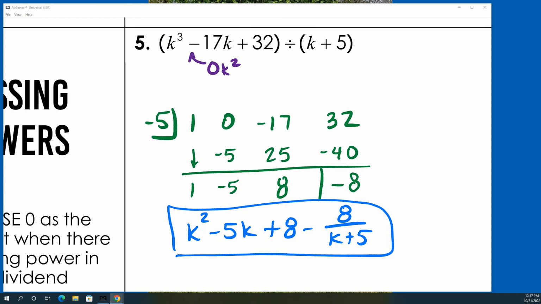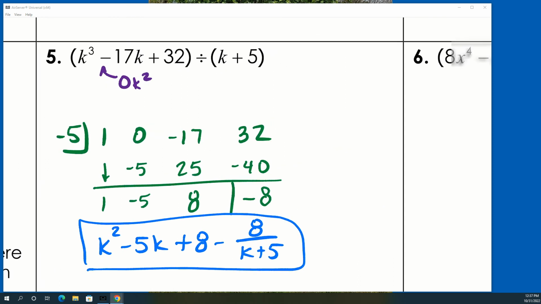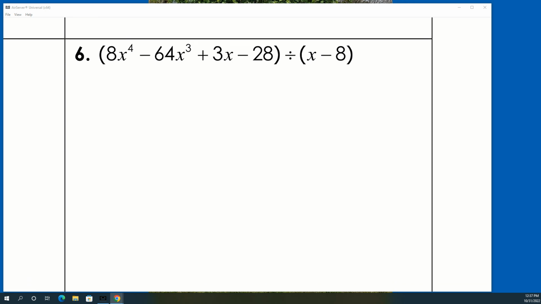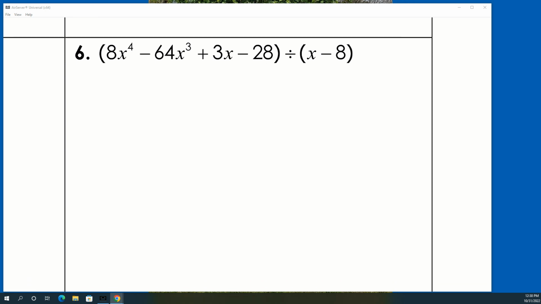All right, so we're going to do one more. On number 6, do I need to fill in any zeros? Yes. Yes, good. So this one is also missing, well, it's missing x squared. So we'll put in a 0 where x squared would be. This one works out kind of weird. All right, so we put 8 in the box because it's the opposite.